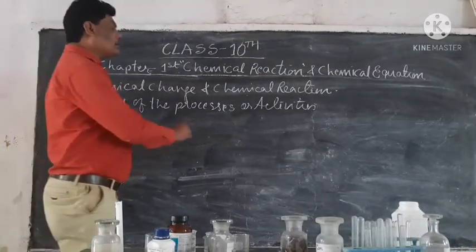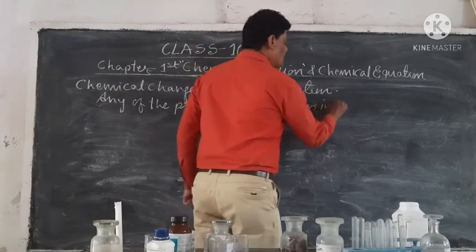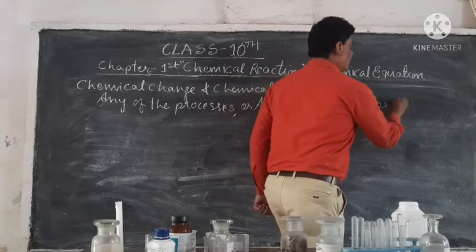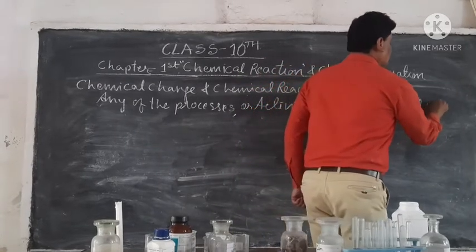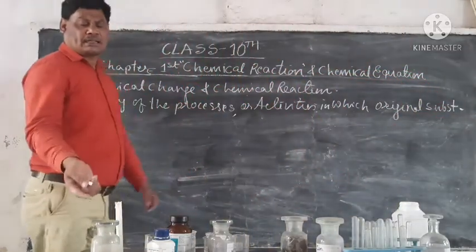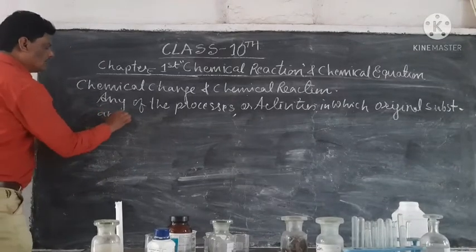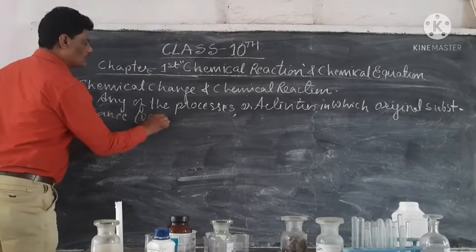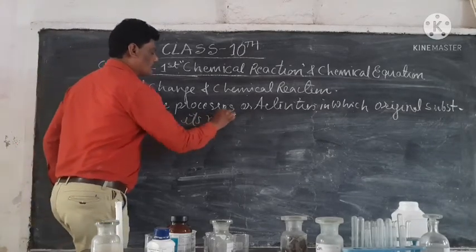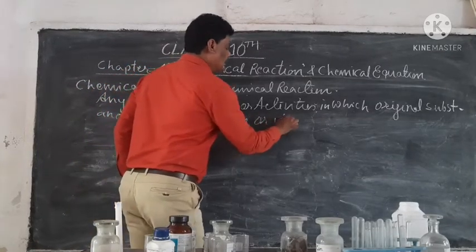So any of the activities or processes in which the original substance, that is chemical substance, loses its nature or identity. Original substance means like wax, like magnesium.